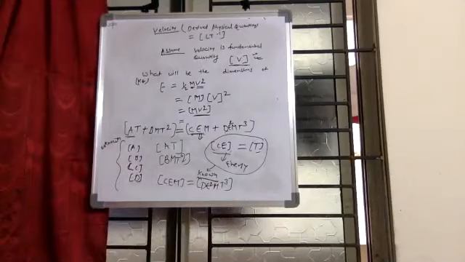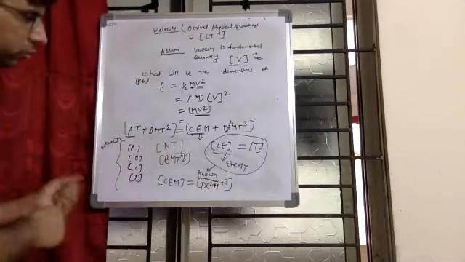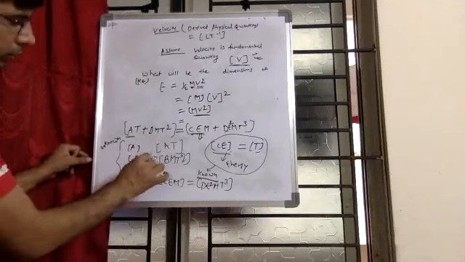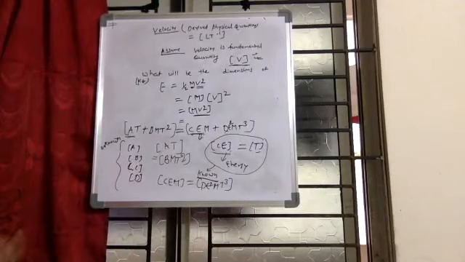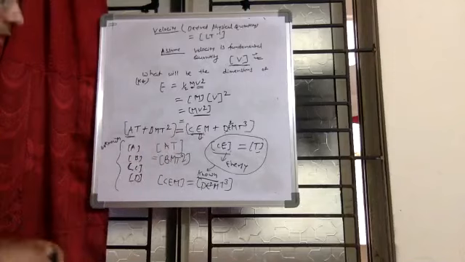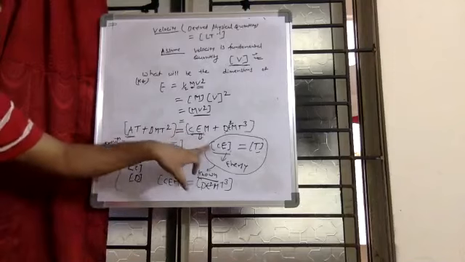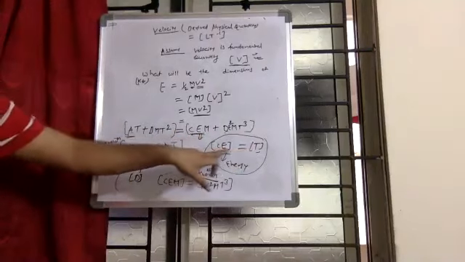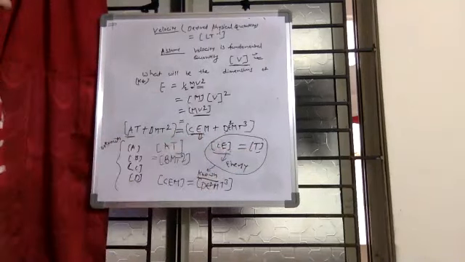Just use these two concepts and I think you will be able to solve it. Nothing else is needed. Just try it, and already I mentioned, we know that CE is equal to D.